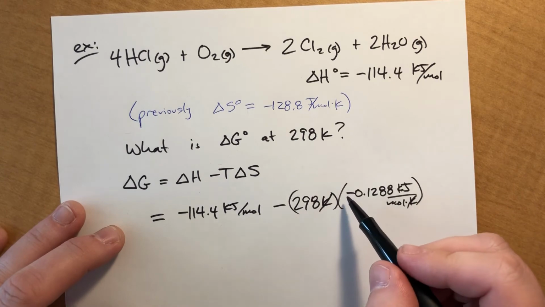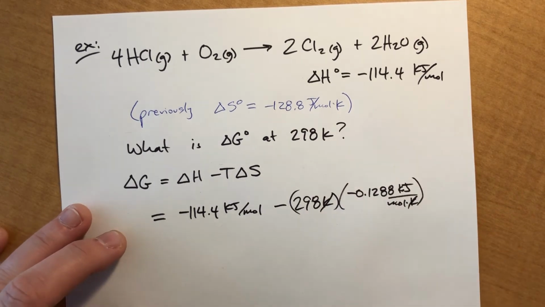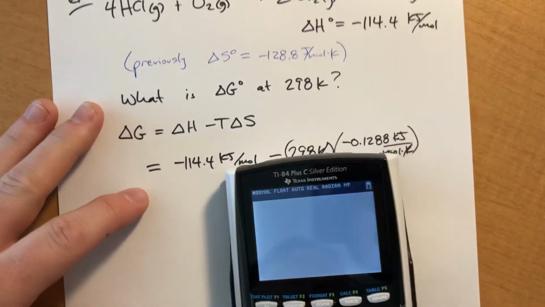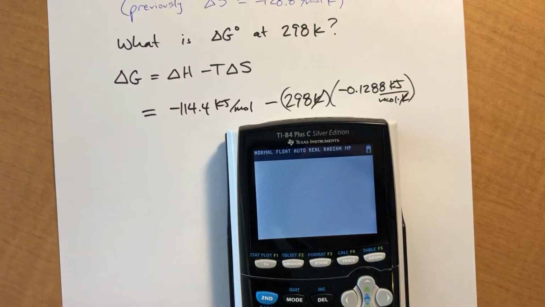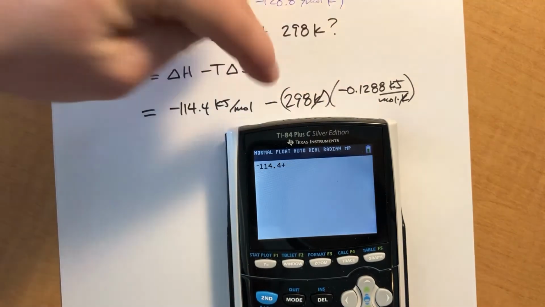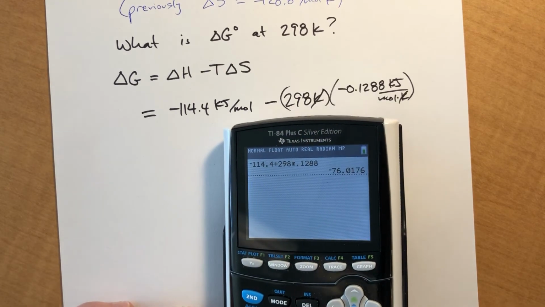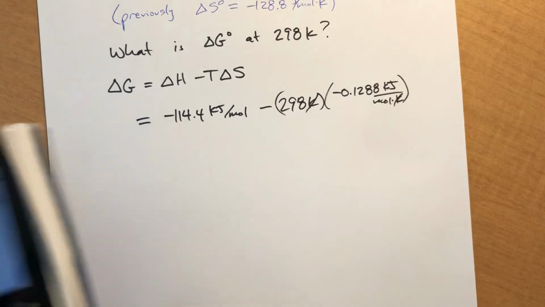Okay, so our K's cancel out, and we get kilojoules per mole and kilojoules per mole. The negatives are going to cancel out and we get a positive value. So essentially, I'll type this in for you: negative 114.4 plus, because the two negatives cancel out, 298 times 0.1288. And I got negative 76.0, basically.